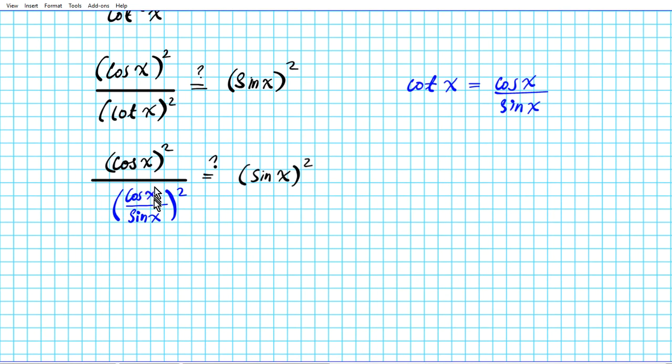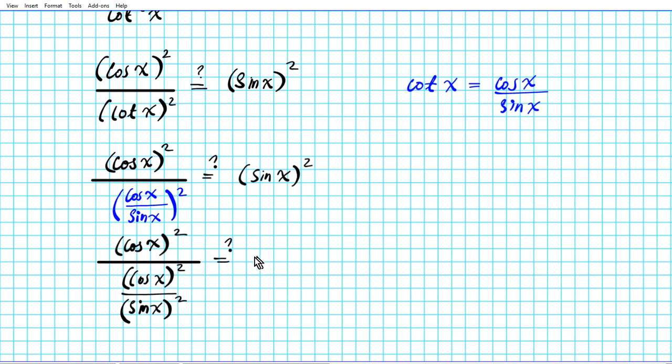Alright, now we have a complex fraction on the left. To simplify this, we're just going to drop, change, flip. But before we do that, let's simplify the bottom a little bit further. So we have cosine x squared, and then in the bottom we will apply the power of a quotient property, so that this becomes cosine x, the numerator squared, divided by the denominator squared.